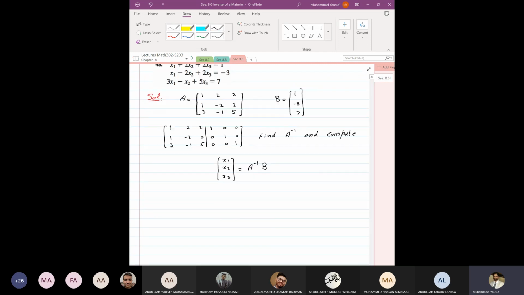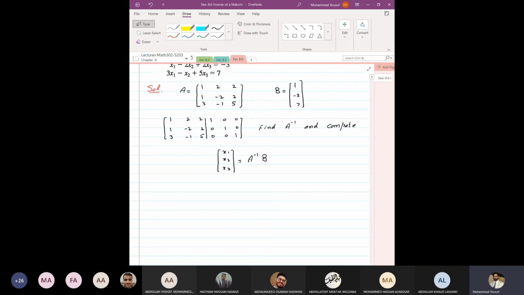Nothing more information you will get except just these calculations and finding A inverse. So you can do this.